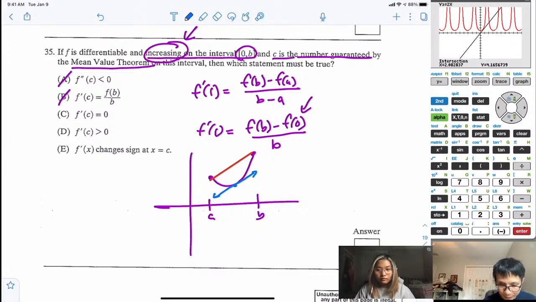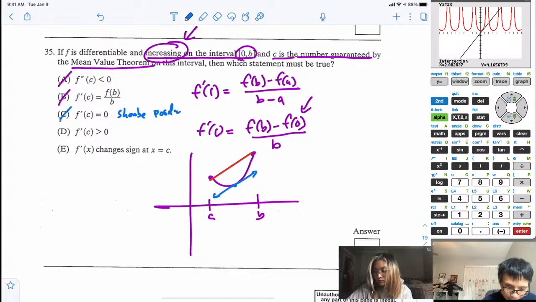But if a function is increasing, then f prime of c is not going to be 0, because if this function is increasing, f prime of c should be positive. So therefore, it's not C. You have to understand the reason why not each one. That's how you beat the AP exam. You have to understand, can I prove, can I disprove?